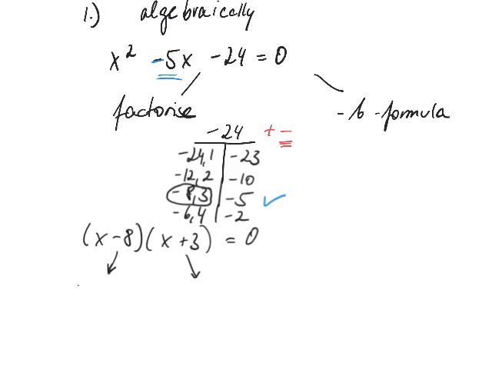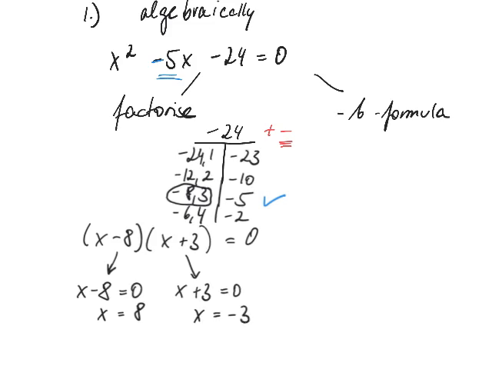So first we set this one to 0, x minus 8 equals 0. We rearrange, we get the 8 to the other side, and we get x equals 8. And I can set this one to 0, x plus 3 equals 0. I get the 3 to the other side, and that gives me x equals minus 3.